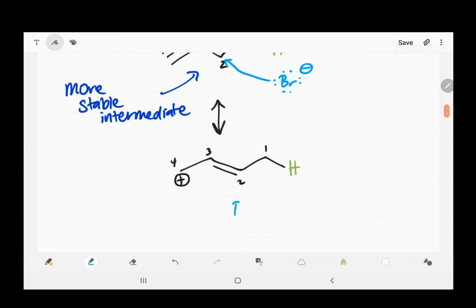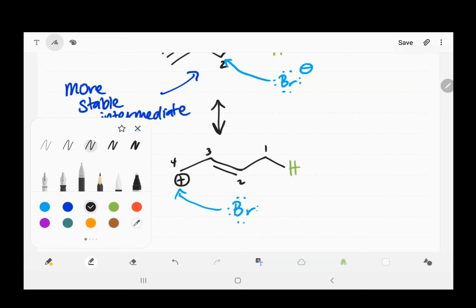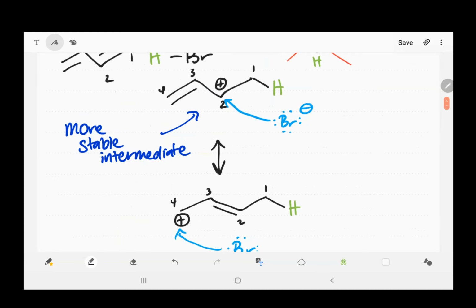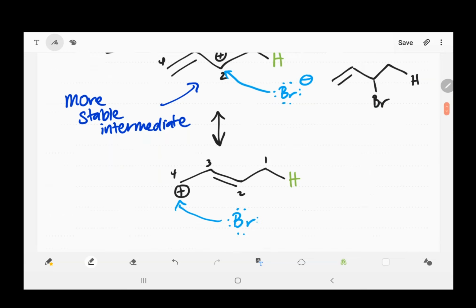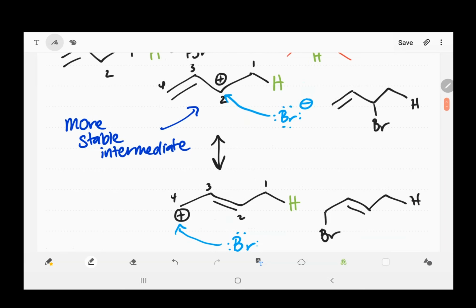We can do the same thing with the second one. And if we do this, we will end up with our lovely molecules. And so you can see here how we've come up with these two products.